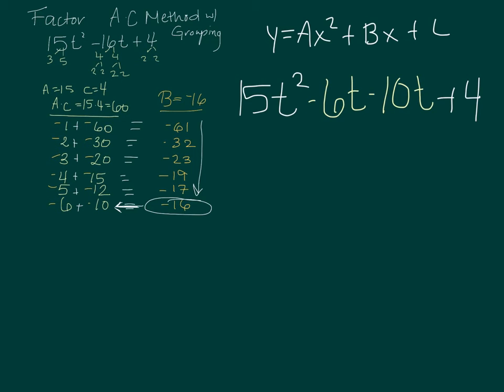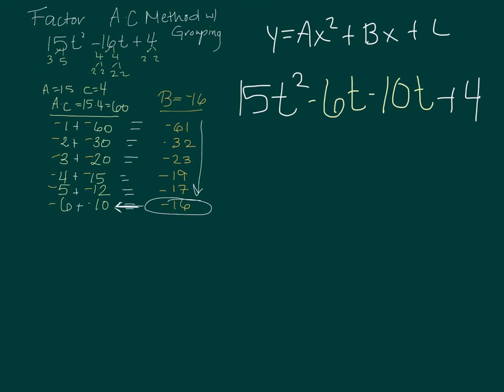Okay, so now the AC part of this method is kind of over. Now I've got 4 terms instead of 3. So this is where the factoring by grouping starts to take effect. So in order to factor by grouping, what I'm going to do is actually group these two terms together and those two terms together.